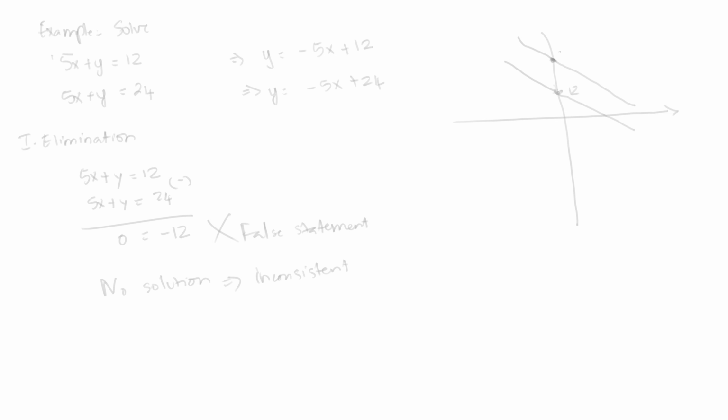And we know two parallel lines do not have a point of intersection. So the lines are parallel, which would imply no point of intersection. And that just implies no solution, making the system inconsistent.